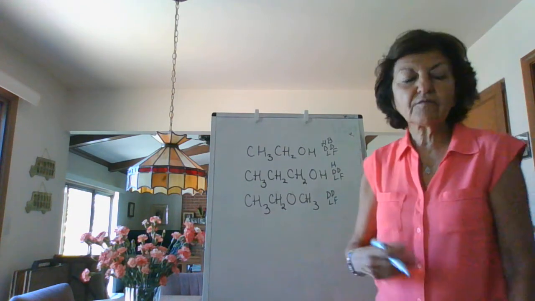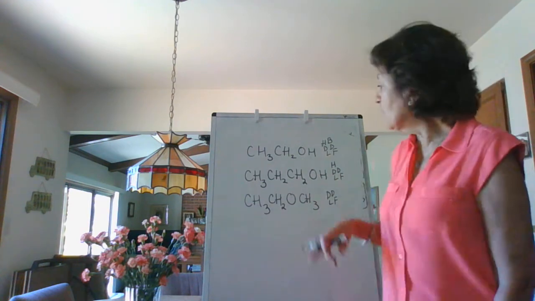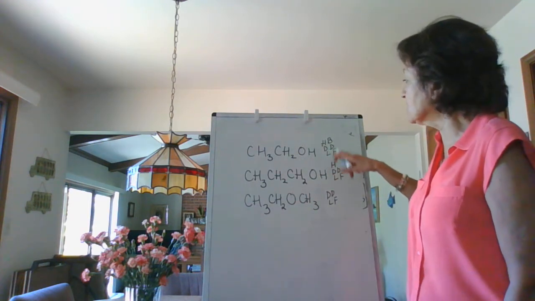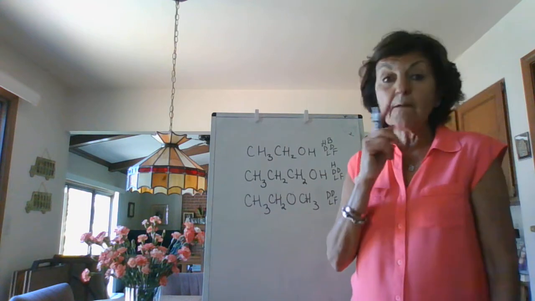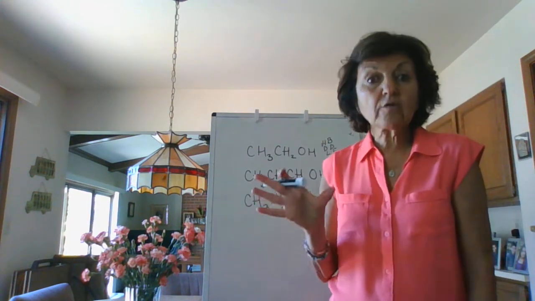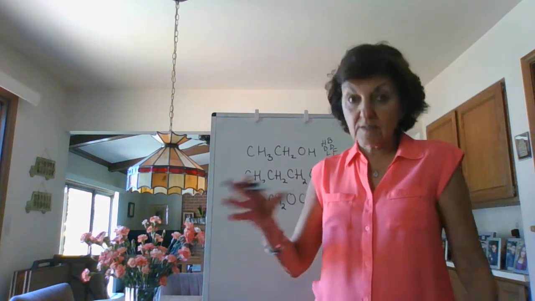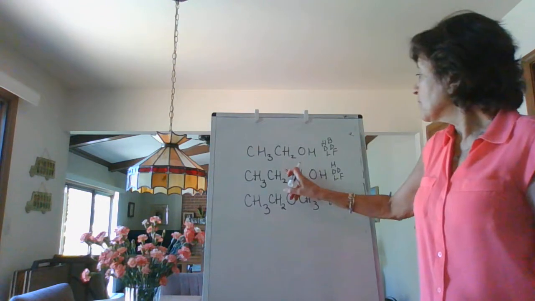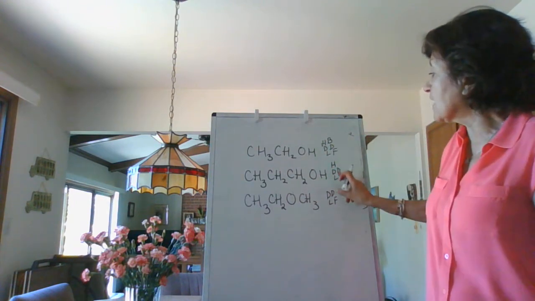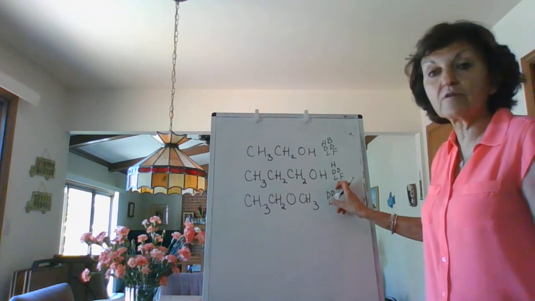So what if the question was, which one has the highest boiling point? These two have the exact same intermolecular forces. But remember what I told you about London forces? The bigger the molecule, the more the surface area, the more the London forces. So even though these two can do the exact same thing, this is a bigger molecule, bigger molecular weight, bigger London forces.